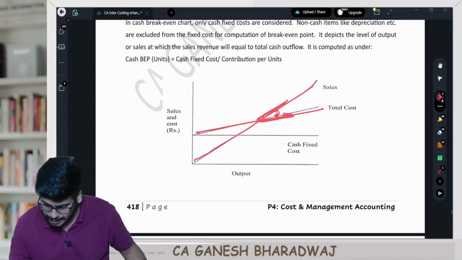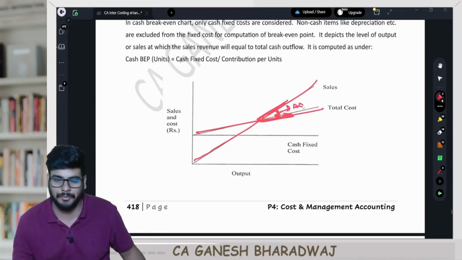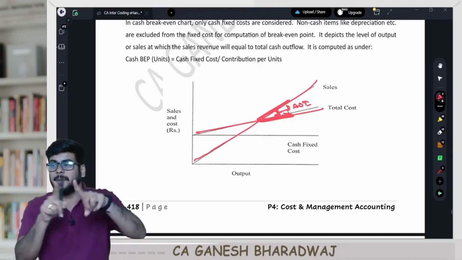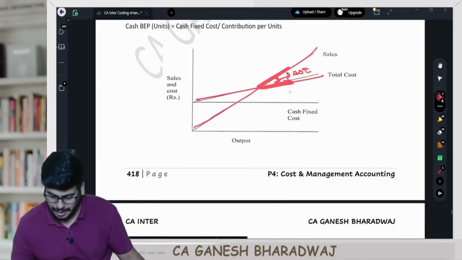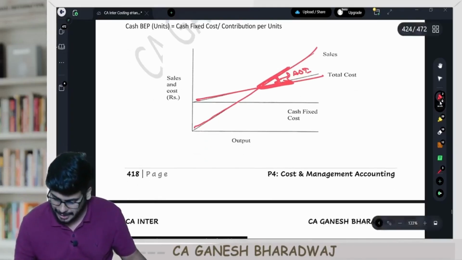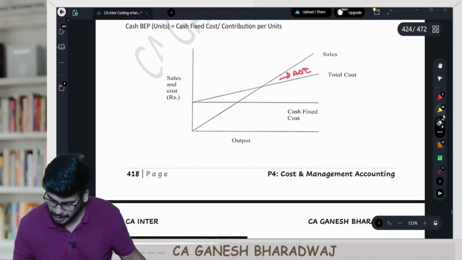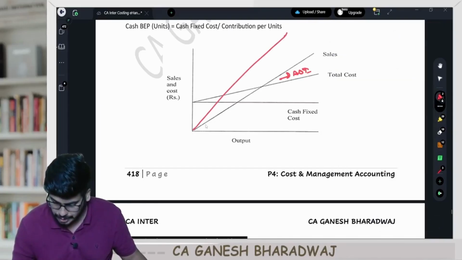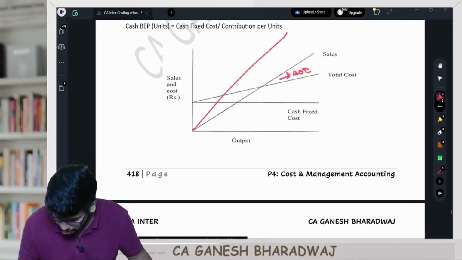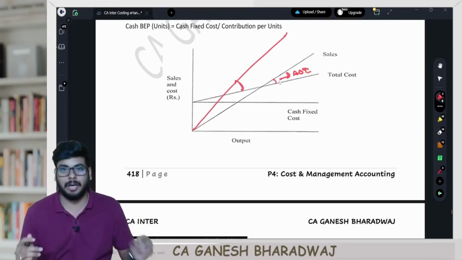This angle that gets formed is called the angle of incidence. Clear with this? If this angle is bigger, it means more profit generation. Let us say my line looks like this. Now I have a broader angle of incidence.